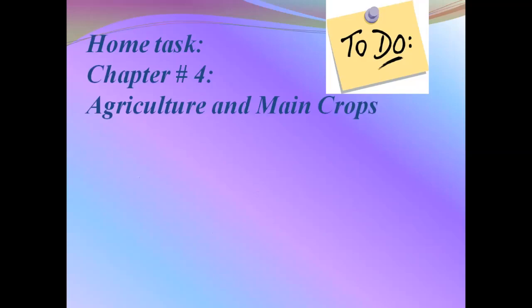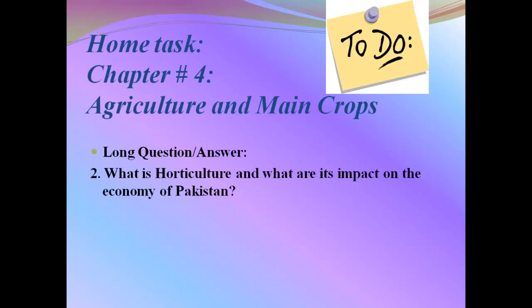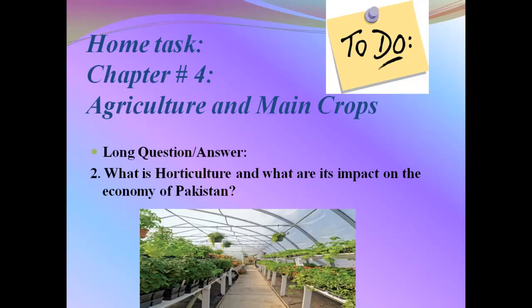Now, what do you have to do? Come to the home task. Your home task is from chapter number 4, Agriculture and Main Crops. Our last long question was left. That was, what is horticulture and what is its impact on the economy of Pakistan? You have to do this in your neat copies.